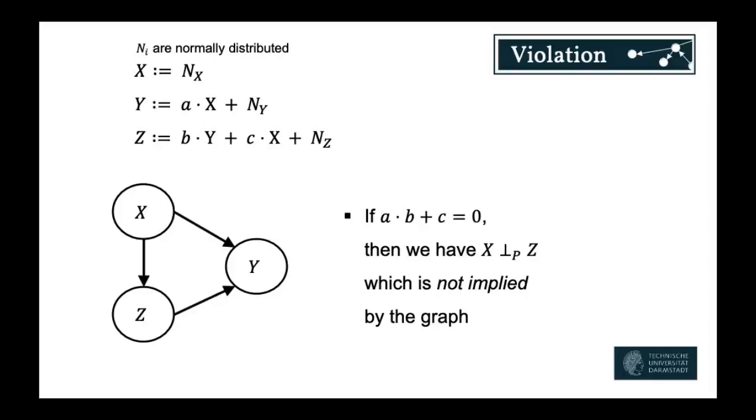And now if you have the following condition, it's not important how you derive it now, like who came up with this and where it comes from. You can check this for yourself, but essentially what it gives you is that X is marginally independent of Z, which is of course not implied by the graph, right?